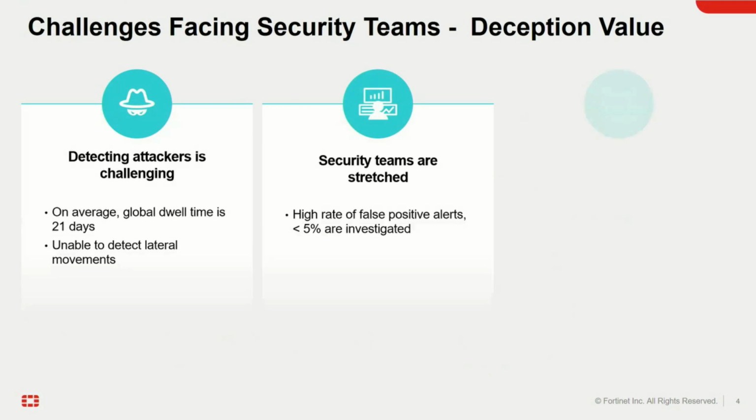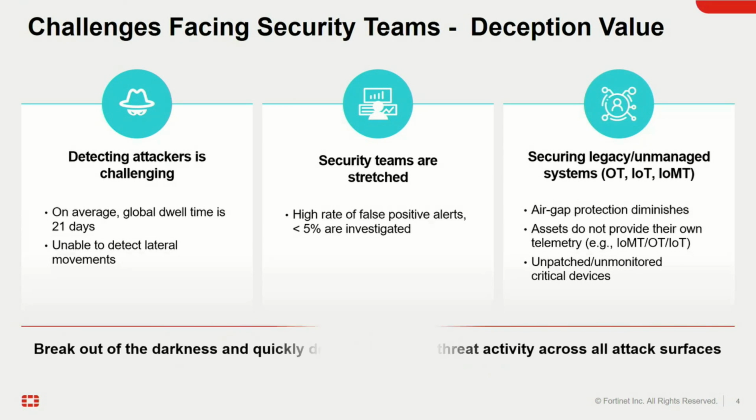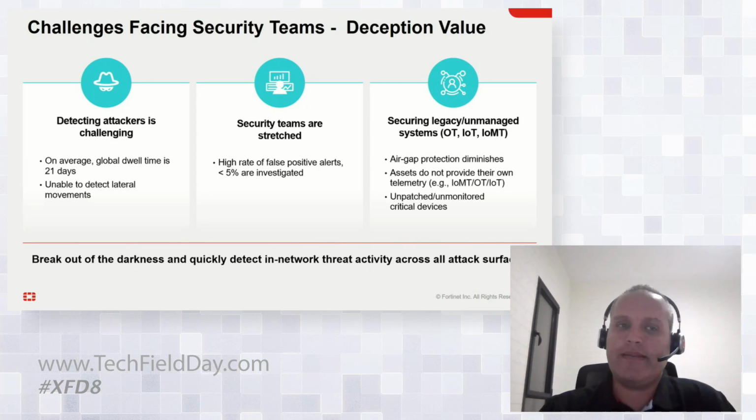So now let's take a pause on the technology and try to understand the value of deception, because if you look at the security industry today, there are many problems, but if you sit with a CISO and try to narrow down the problem, the first problem is basically how long it takes you to detect an attacker. There are many research surveys out there.